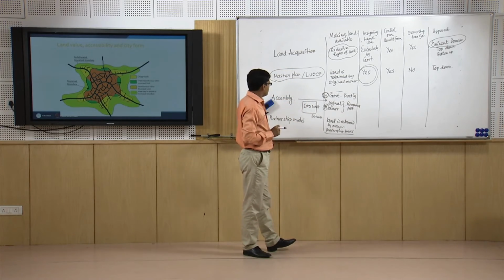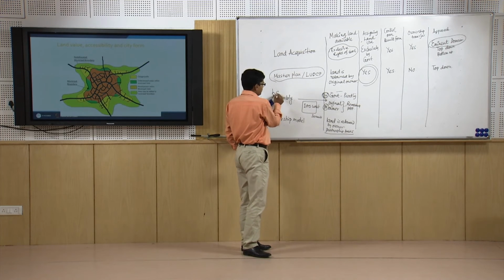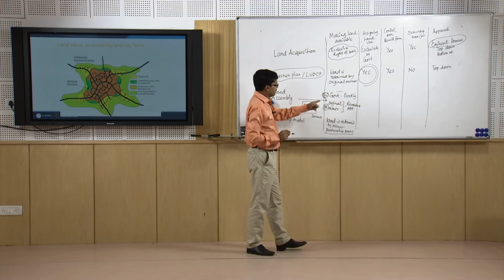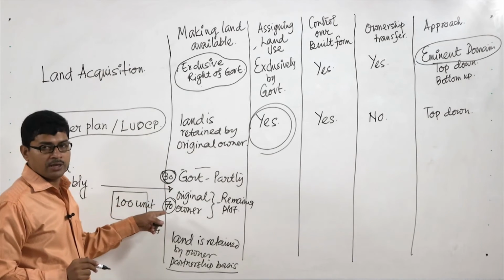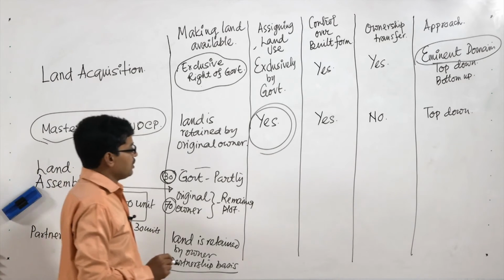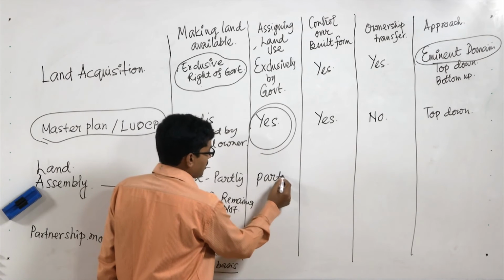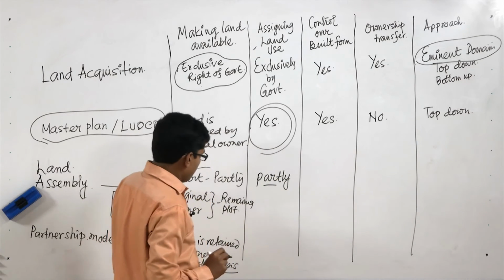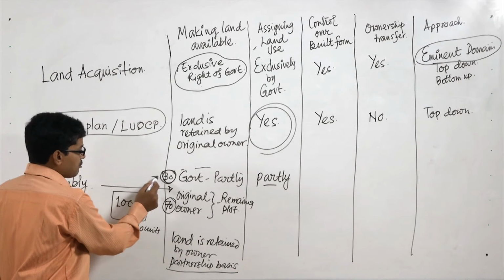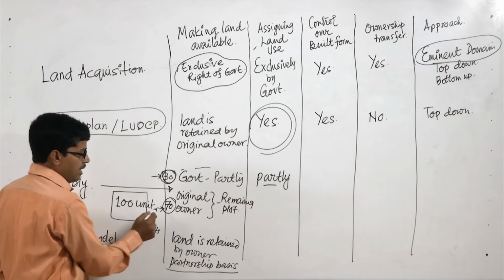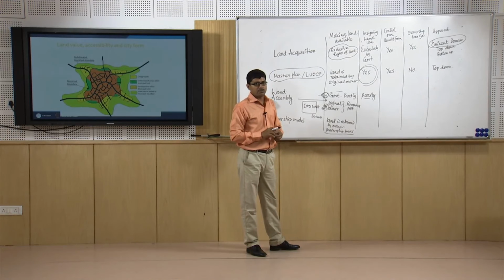In the third element, which is called land assembly, where we have seen that the ownership is shared on a mutual basis, there also the land use prescription is done, but partly, if required. Mostly the government retains the land use prescription, and the land which is returned to the original owner sometimes has a land use prescription, and sometimes it is given to them without any embargo, without any prescription or control, so that they can get the full benefit of the land.